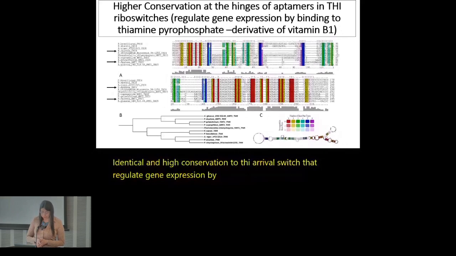And we predicted not just the existence of this riboswitch, but also the secondary structure, and we found two of them.